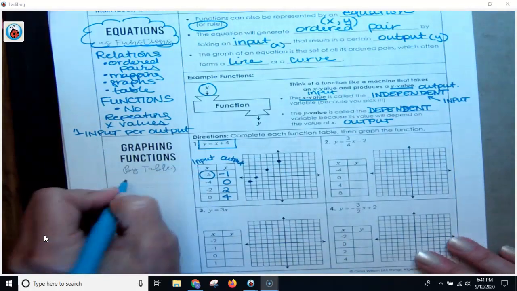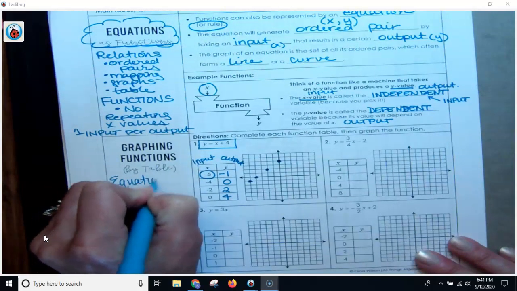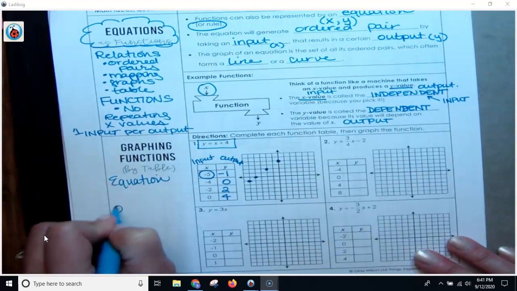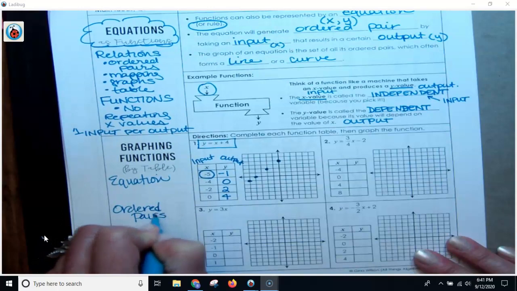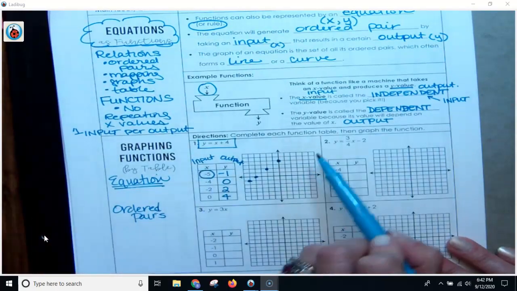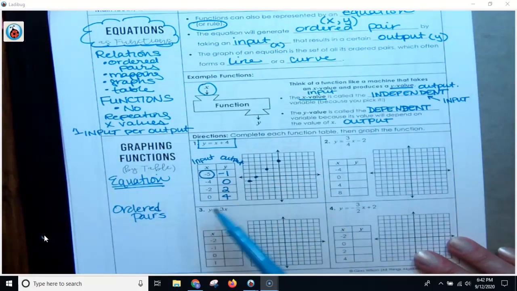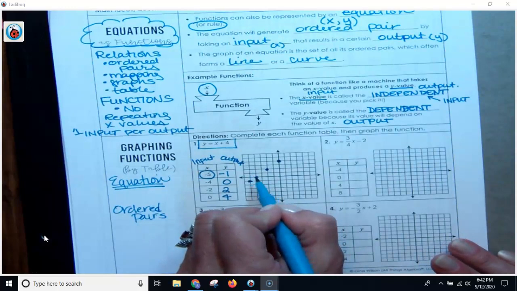But the big difference between an equation and ordered pairs is that in an equation, this rule goes for any number that I plug in. I could plug in all these little decimals.